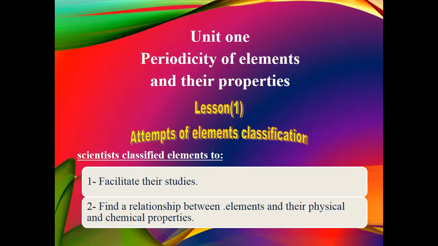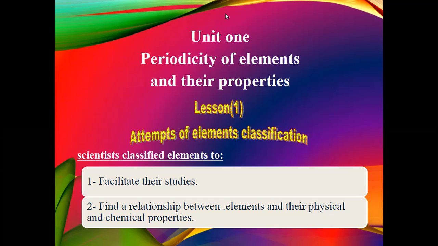So if I'm asking you to give me the booklet of science, you go to the part of science. But if you put them randomly on each other, you will find great difficulty in finding any of the booklets or books, and it is also going to take a lot of time. So scientists classify the elements for the same reason, to facilitate their studies.